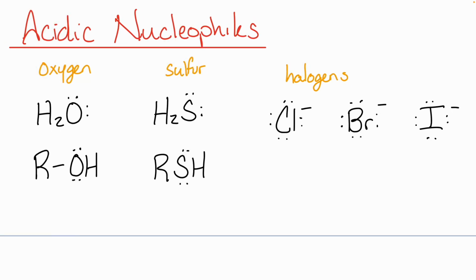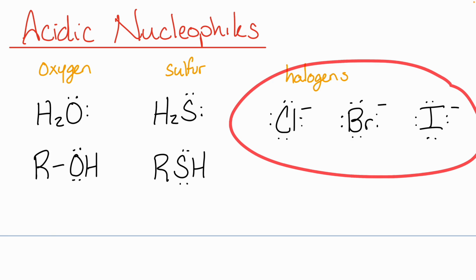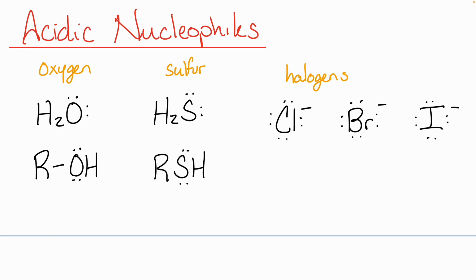Your hydrohalogens, hydrochloric acid, hydrobromic acid, hydroiodic acid, all very, very strong acids that will yield these negatively charged ions. So these are the only negatively charged ions that are compatible under acidic conditions. And since they are negatively charged, they are good nucleophiles.